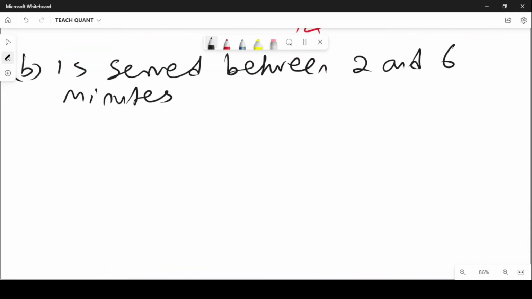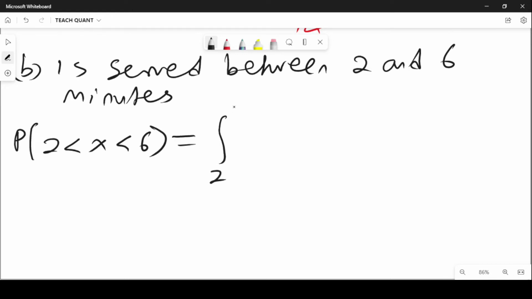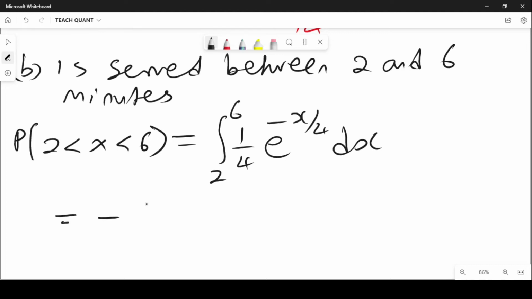The second question is, what is the probability that the person is served between 2 and 6 minutes? So that's the integral. I'll put 2 to 6, 1 over 4 e raised to the power negative x over 4 dx. And we have already done that. We found that it is negative e raised to the power negative x over 4, and the limits of integration are 2 to 6.